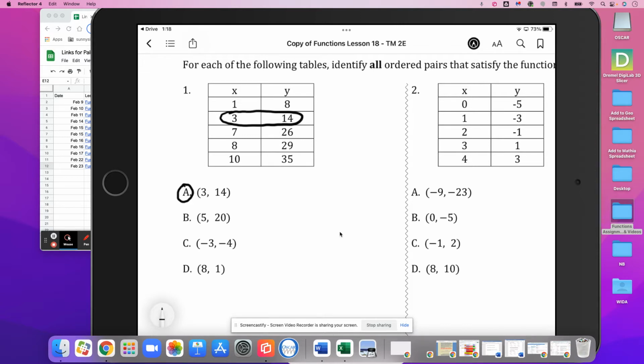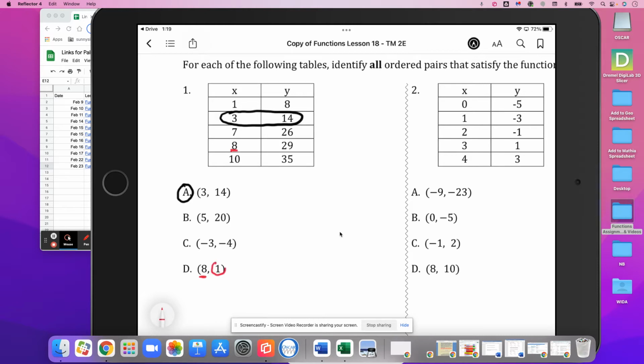We can also look for anything where the x value or the y value matches what's in the table. So if I look at B, I don't have a 5 in the x spot or a 20 in the y spot. If I look at C, I don't have any negative numbers. But if I look at D, I can see that I have 8 in the x value in the ordered pair and in the table.